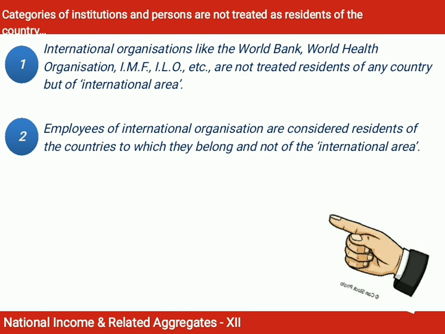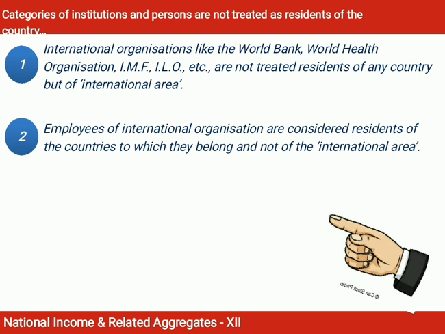And second, employees of international organizations are considered residents of the country to which they belong and not of the international area. For example, an American working in a UNO office located in India will be treated as a normal resident of America.